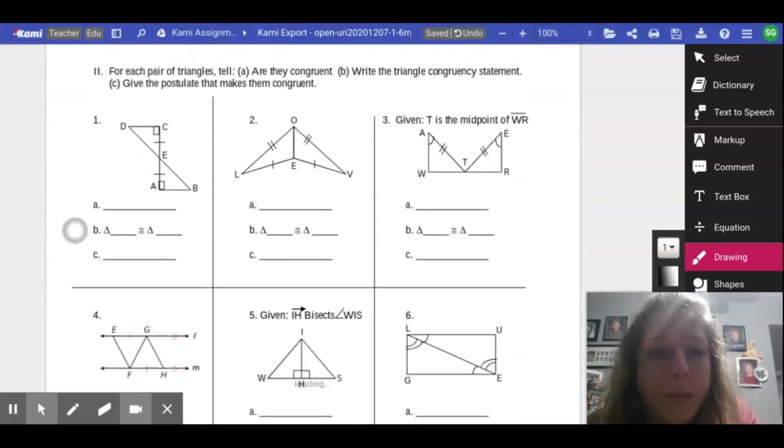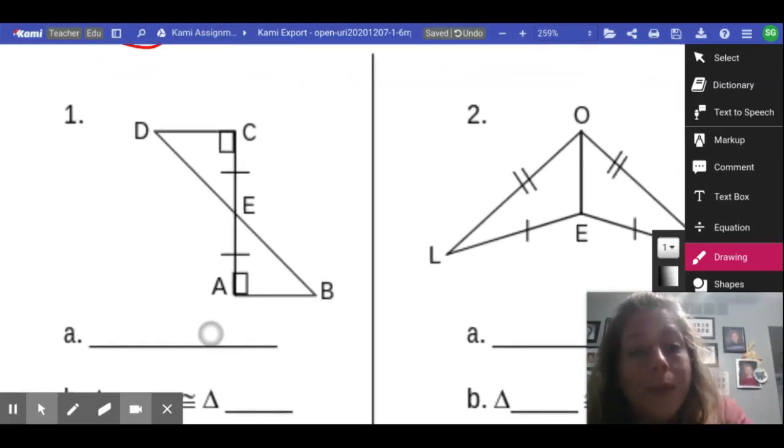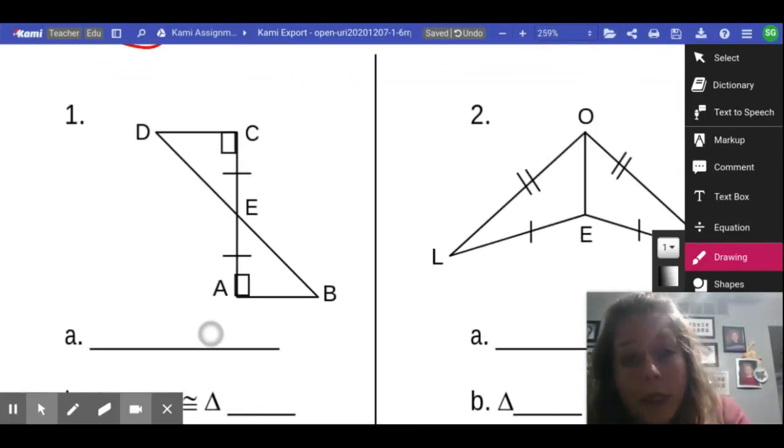Page 2, you're answering a couple questions. Are they congruent? Write the congruency statement if they are, and give the postulate if they are. So triangle 1 is a right triangle. And I've got 2 things marked, but you really need 3 pretty much always.